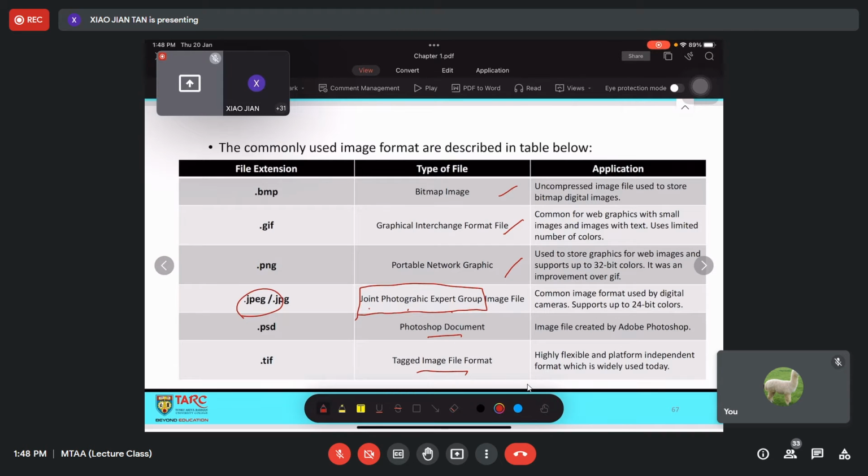So applications for this one: bitmap, an uncompressed image file used to store bitmap digital images. Some of the medical images, because this file is uncompressed, which means it's saved as per the original image from the acquisition stage. Whenever you snap, this would be the original uncompressed image.